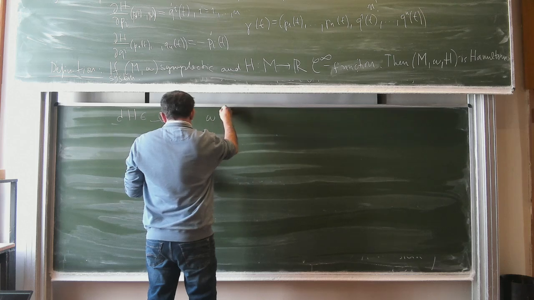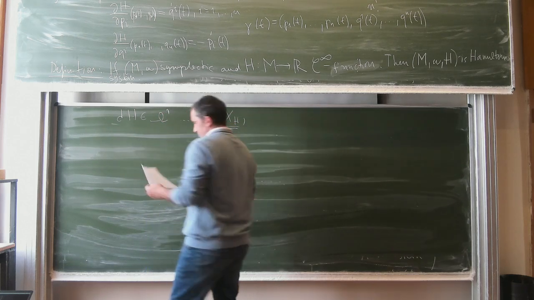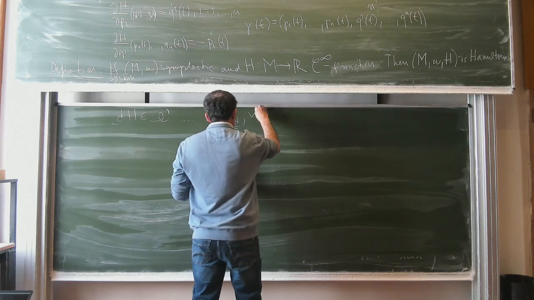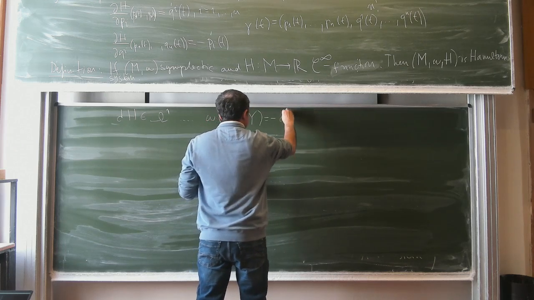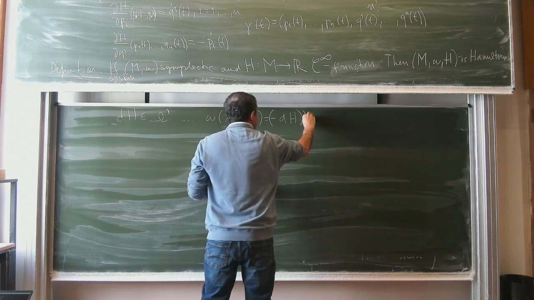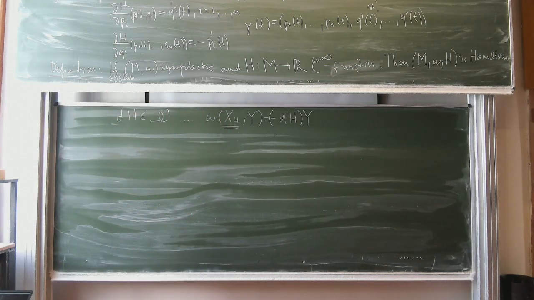So omega evaluated at X_H, which we now define, is minus dH(y) for any y.